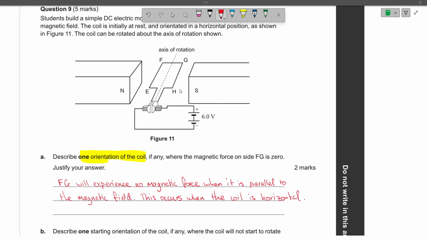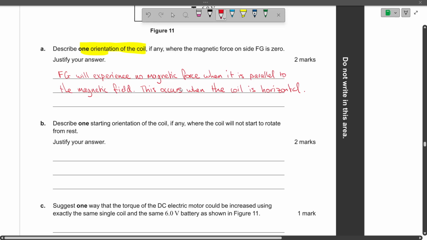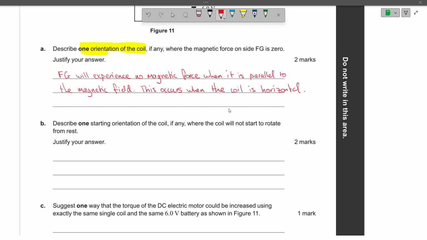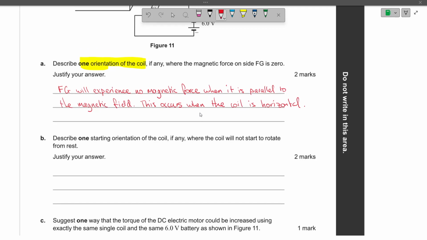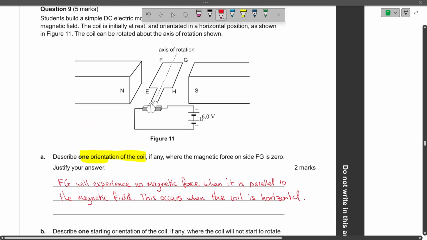Let's keep going. B. Describe one starting orientation of the coil, if any, where the coil will not start to rotate from rest. Justify your answer. So the coil will not start to rotate from rest when it is vertical, and why would that be the case?